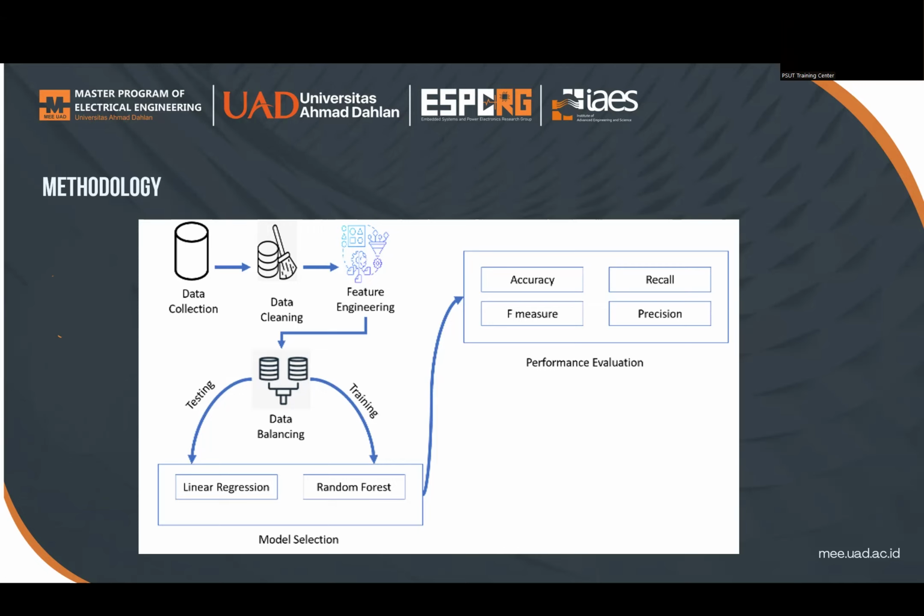Linear regression and random forest are in step number 5, which is the model selection. And we will select one of them due to the efficiency and the clarity in the classification rule. Linear regression is straightforward and offers significant insight into how various features correlate with the probability of a transaction being fraudulent.